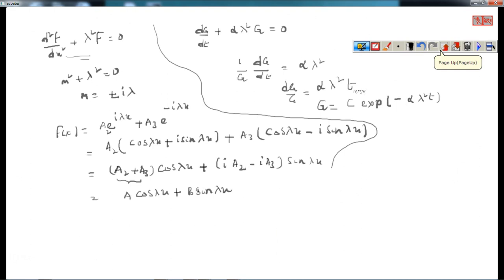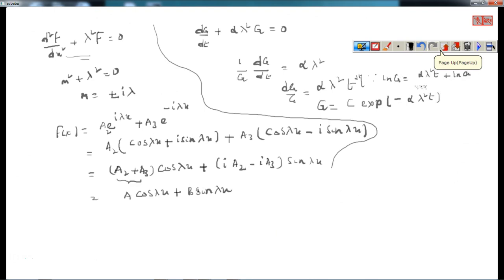Why? Because it can be written as ln g is equal to minus alpha lambda square t plus ln constant a.